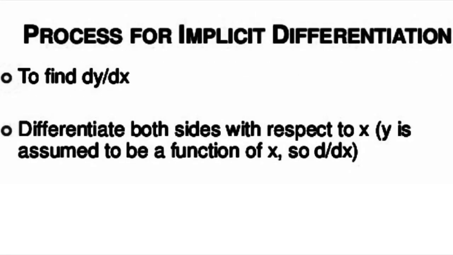Now let's see the process for implicit differentiation. To find dy by dx, differentiate both sides with respect to x. Remember it, y is assumed to be a function of x. So we have to take derivative of y, that is d upon dx of y.